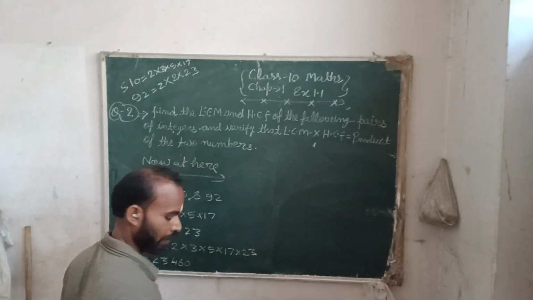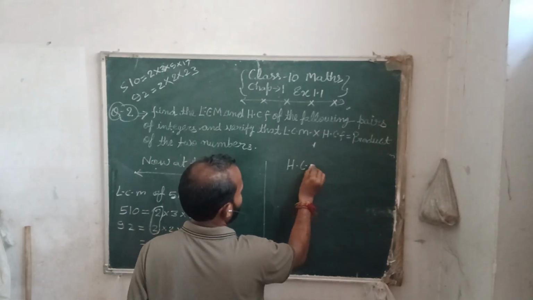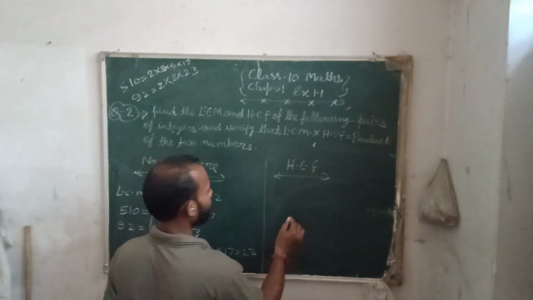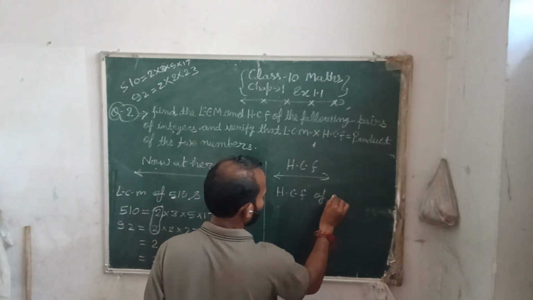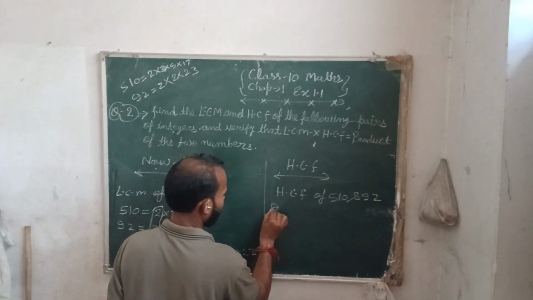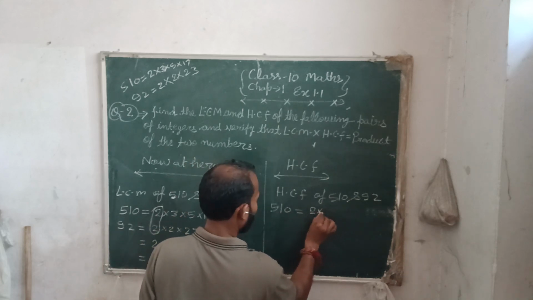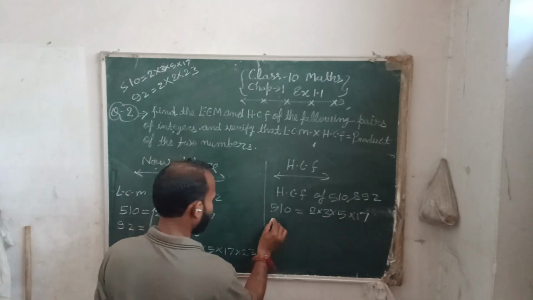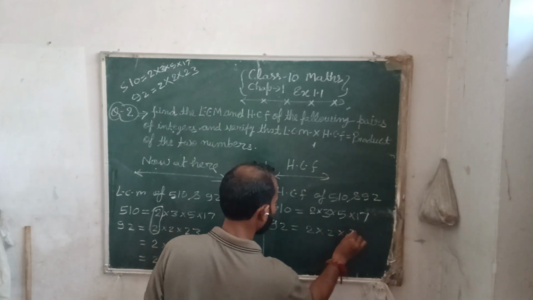Now find your HCF. Okay, my dear students. I will do the HCF process here, where only pairs are noted down. HCF of 510 and 92: the factors of 510 are 2 into 3 into 5 into 17, and the factors of 92 are 2 into 2 into 23.